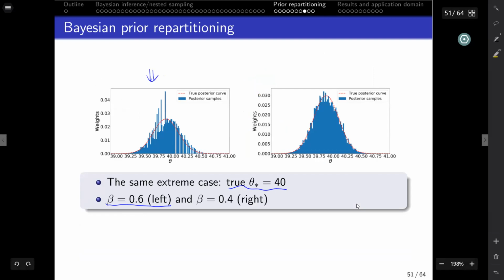This is the result. And beta equals 0.4, so we have a little bit flatter prior on the right. Then you will see that the left-hand one starts doing the right thing, and the algorithm concentrates on the correct region. It's doing a better job when we have a smaller beta.